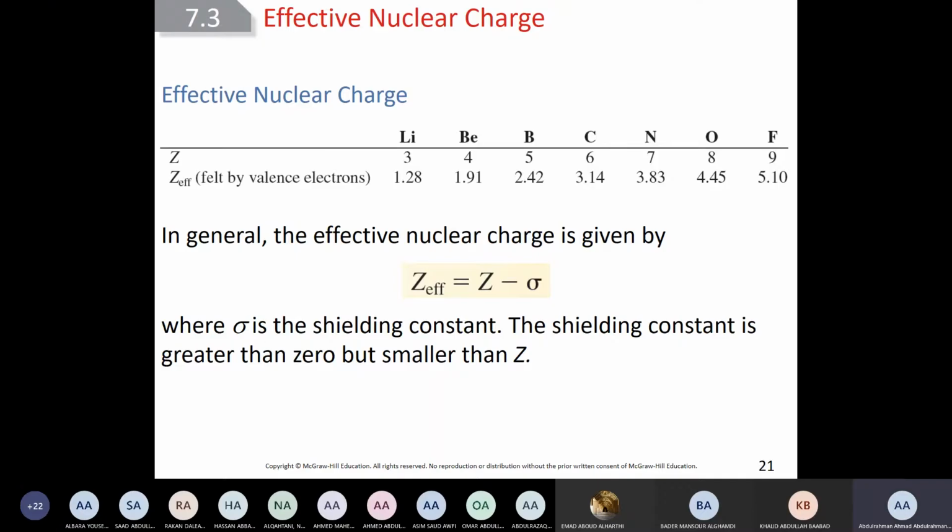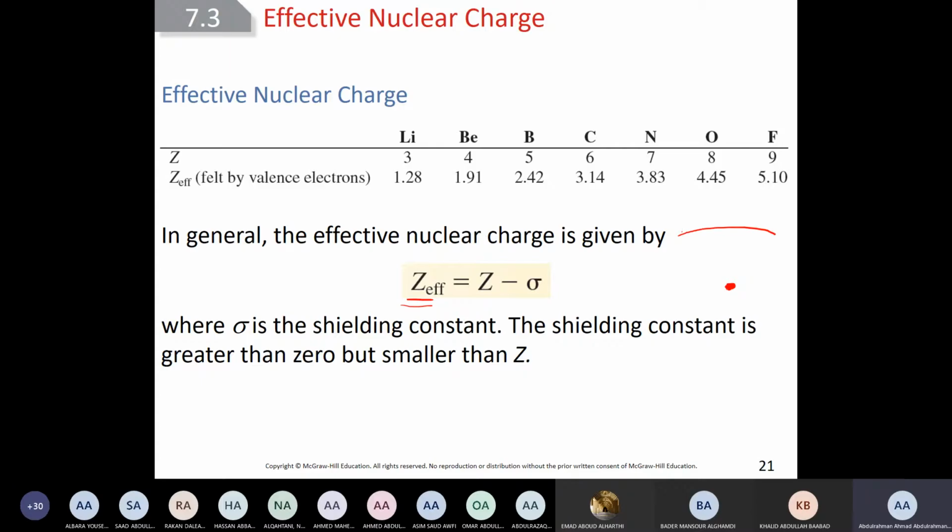Right. Last thing I was discussing was the Z effect and the meaning of Z effect. As I told you, the Z effect means the effect of the nucleus on the outer valence electrons.